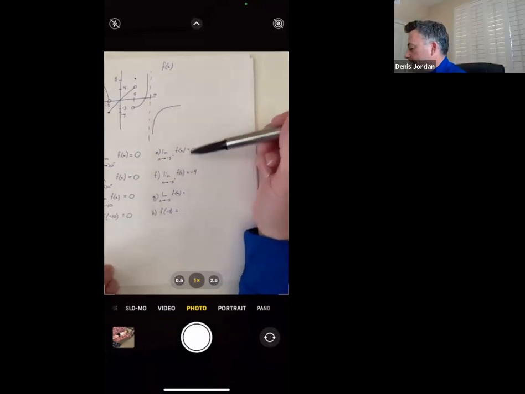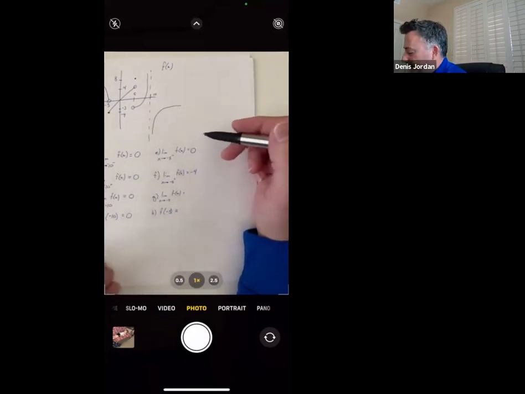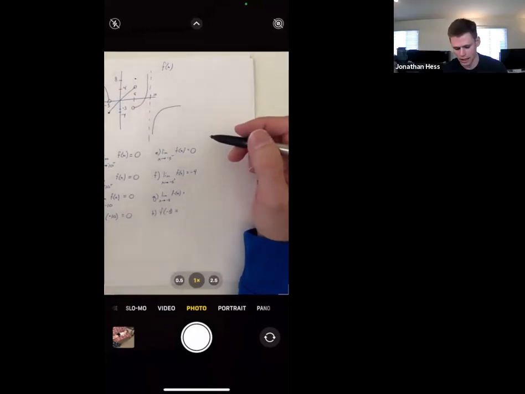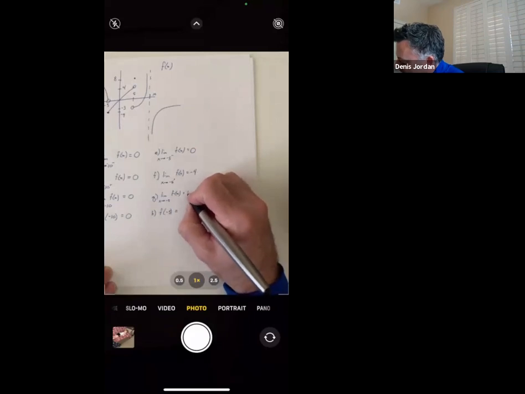Okay, so now we have a case where the left limit does not equal the right limit. So what does that tell you? That the limit as x approaches -5 does not exist.